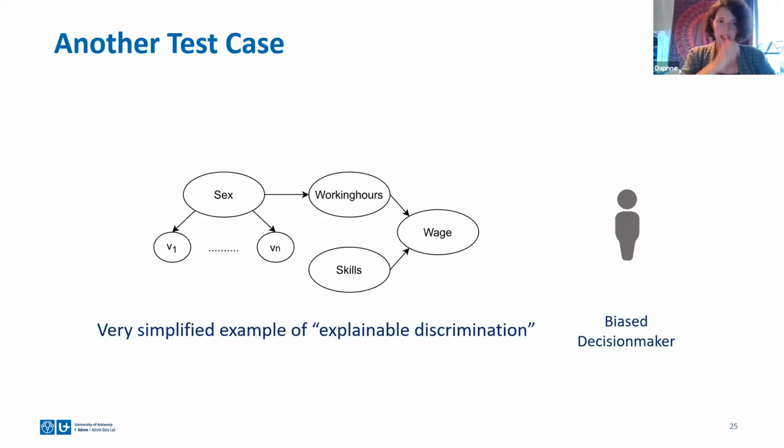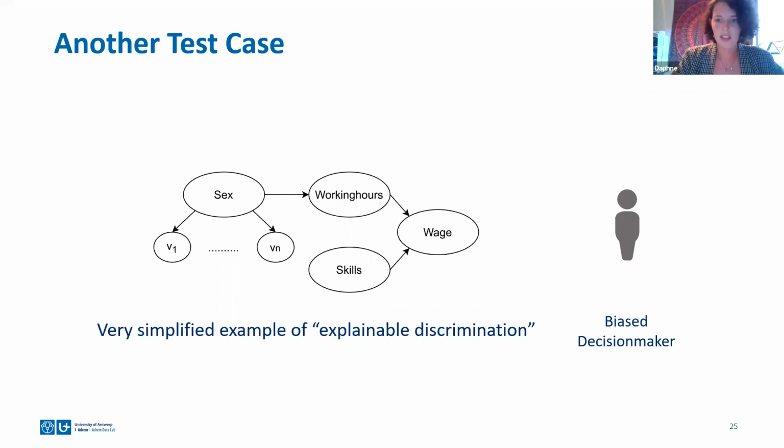We did one other test case like this, where we basically had a very simplified example of explainable discrimination. In real life, it's of course a bit more difficult than this, but here in this case, there was already some link between the sex and the wage of a person, but this link could be explained by the fact that women had a lower amount of working hours in this data set.